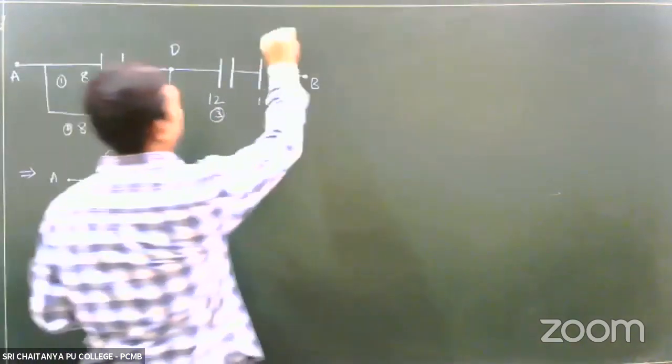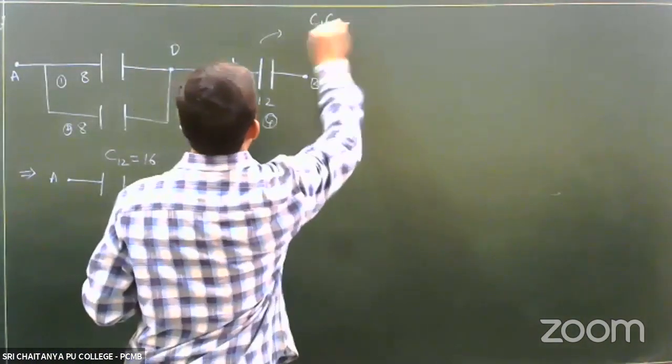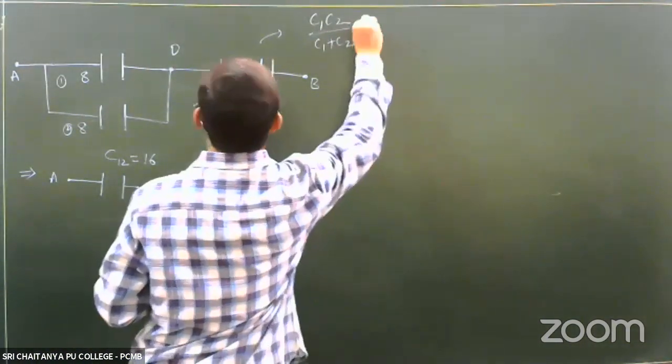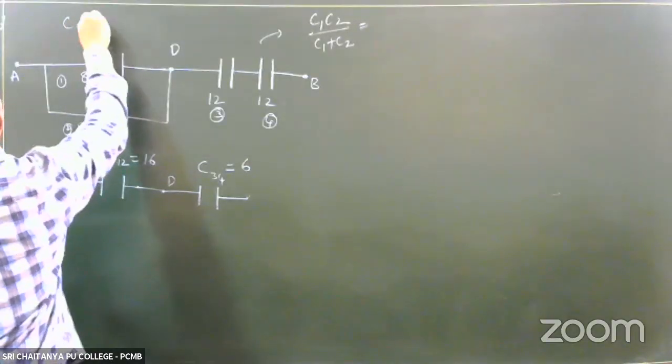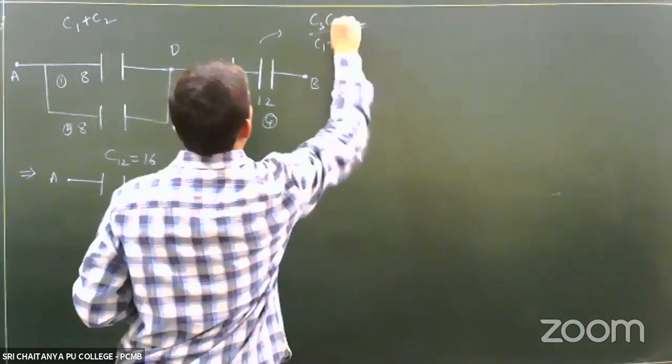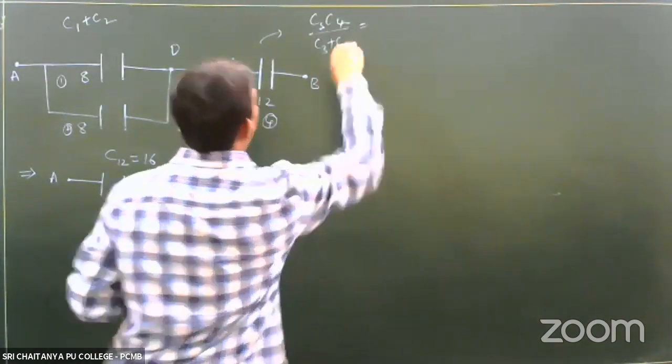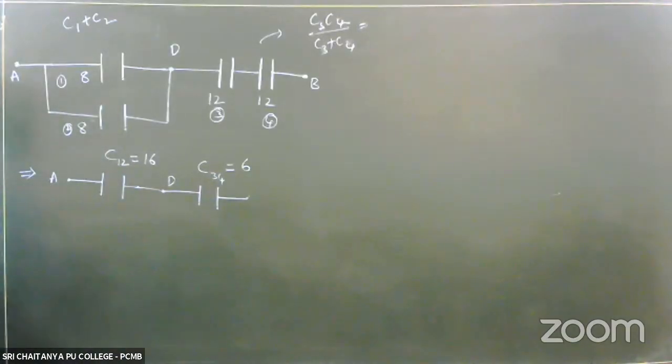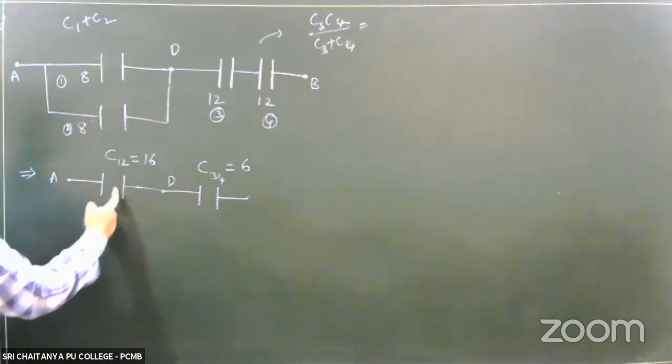You can check out. For this combination, C1, C2 by C1 plus C2. For this combination, C1 plus C2. You get these answers. So now this combination is a single capacitor.